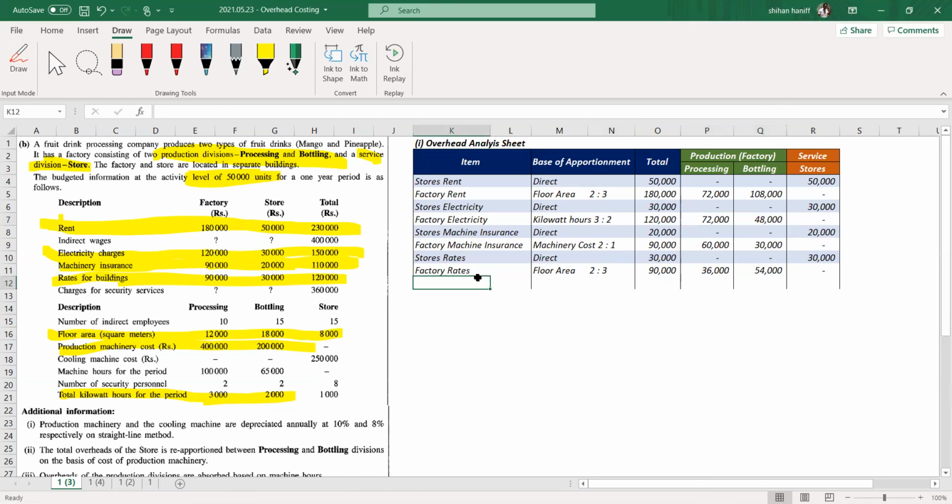Now let's take indirect wages. Total amount is given, 400,000. What is the base for indirect wages?